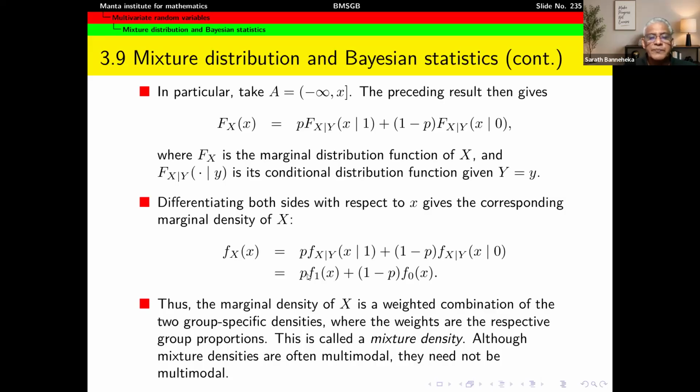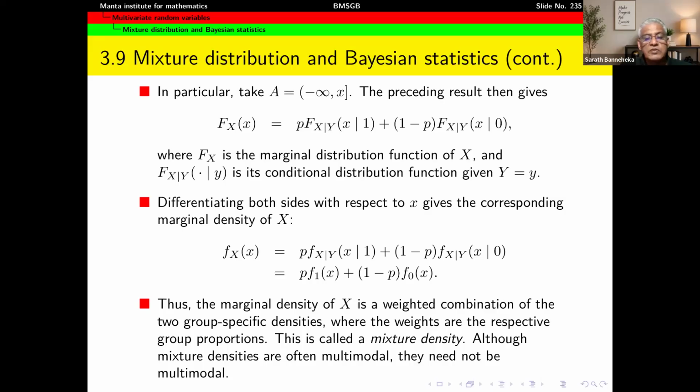You can see that this is the group-specific density function for group 1, and this is the group-specific density function of X for group 0, the other group. And these are the proportions, so the weights are the proportions. This density function, f_X(x), is called the mixture density.